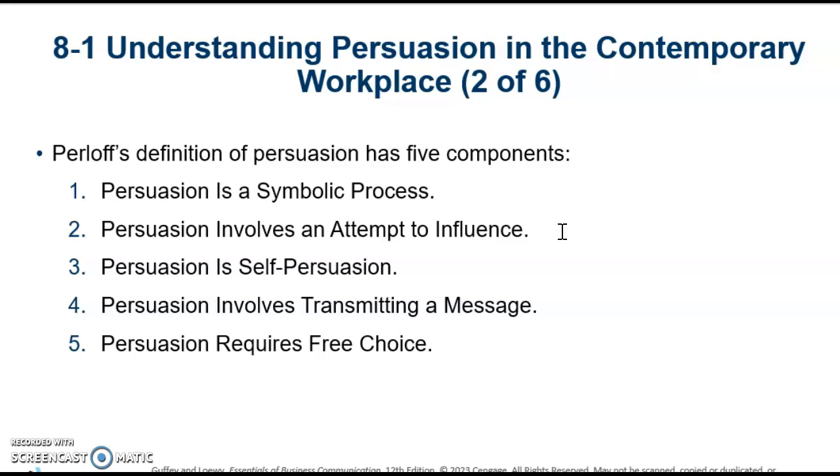It's a conscious effort to persuade someone so that you can achieve a specific outcome. Persuasion is self-persuasion. Ethical communicators make compelling, honest cases to support their arguments and then give others the choice to accept them or not.